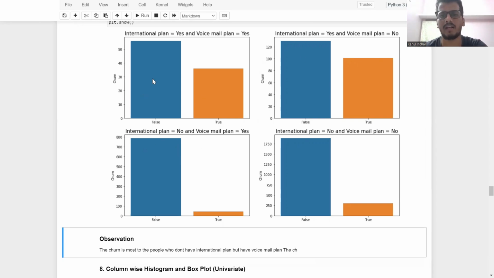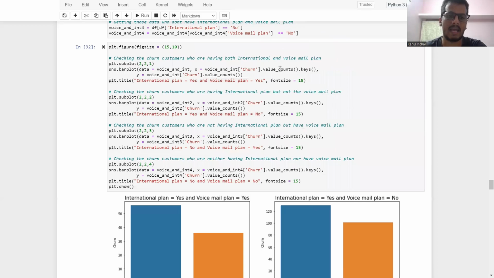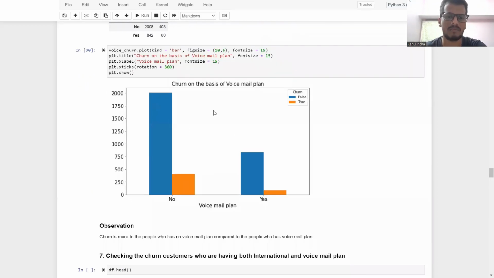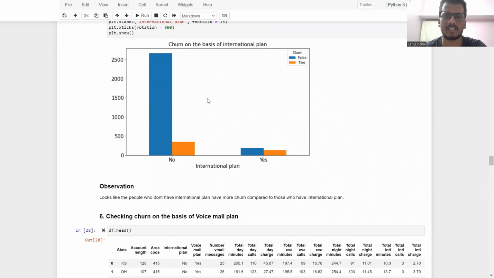So we can conclude from the graph that the proportion of churn in the people who have both plans, the international plan and the voicemail plan, is comparatively less than the others. We can also see that there are a lot more people who have an international plan but no voicemail plan.